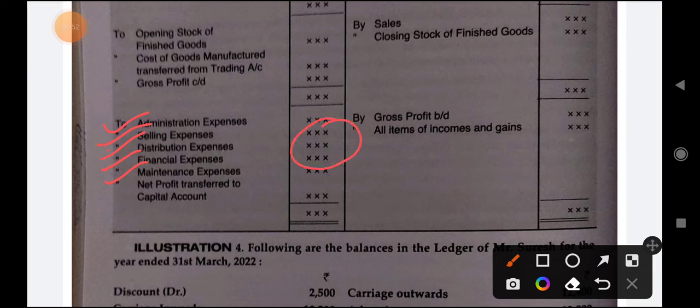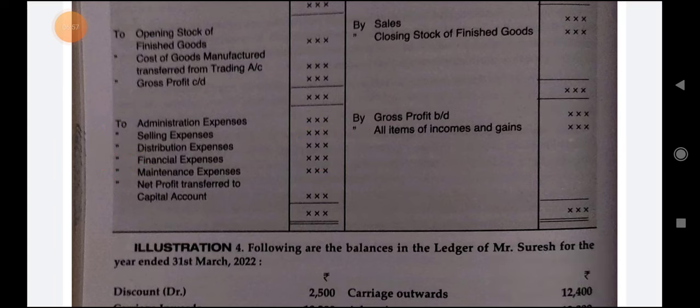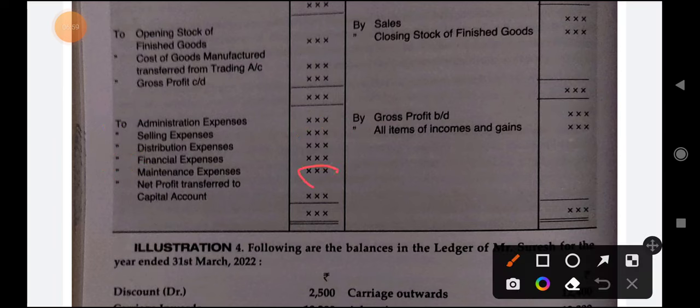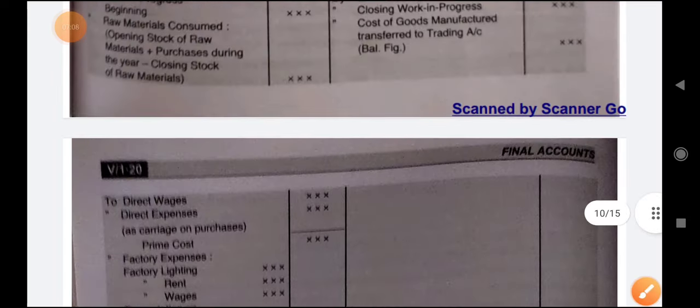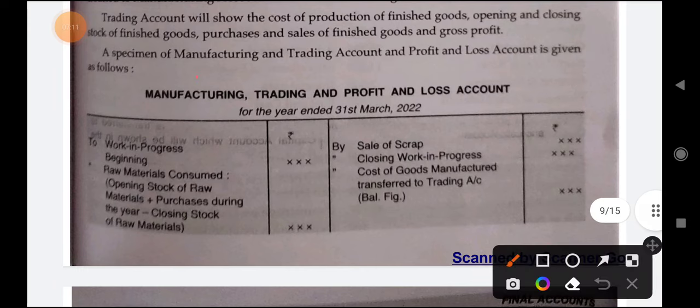If you deduct all expenses from gross profit and other income, you will have net profit, transferred to capital. This will be the balancing figure. So in simple terms, cost of goods manufactured will be transferred to trading account, from trading account gross profit will be transferred to P&L account, and net profit will be transferred to balance sheet.